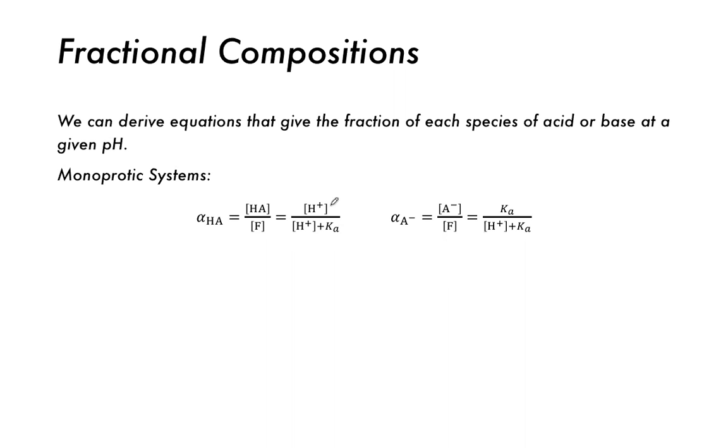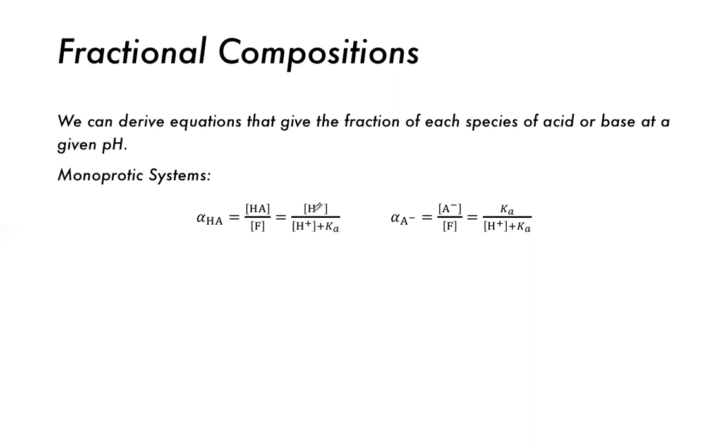Remember, way back, we did something called a reaction table where we could get the concentrations of H plus and things like that for a system at equilibrium. Well, this is going to be something similar, where we're dealing again with equilibria. This is why the equilibrium part of our course was so important, because basically everything that we've done so far in acids and bases is based on that in some way or another.